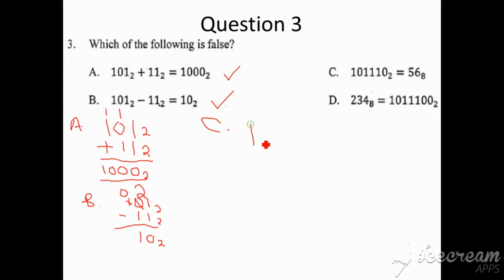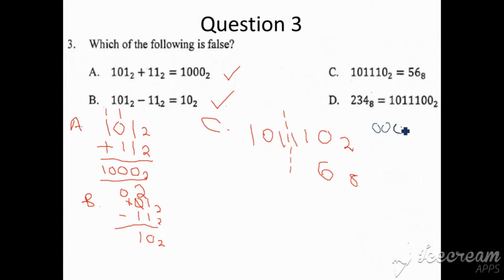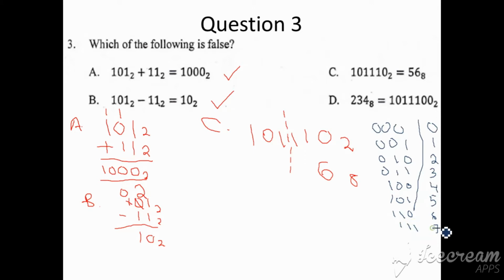C, 101110 base 2 to base 8. We do it like this. 110 is 6 in base 8, because 000 is 0, 001 is 1, 010 is 2, 011 is 3, 100 is 4, 101 is 5, 110 is 6, and 111 is 7.